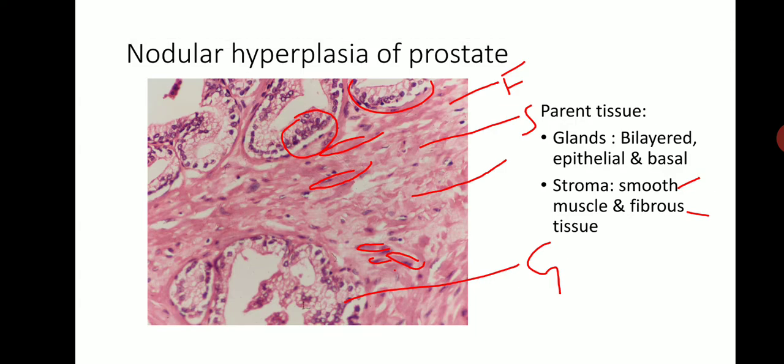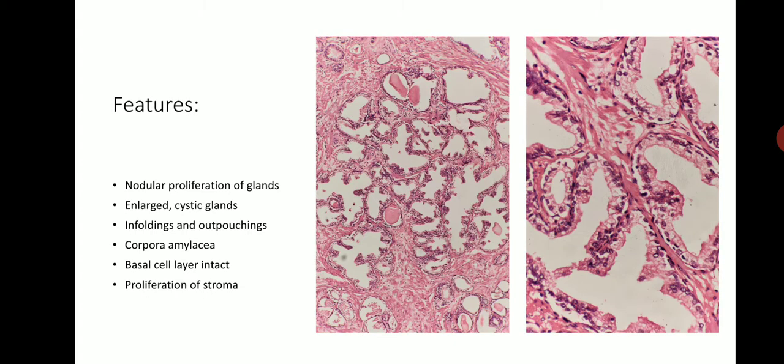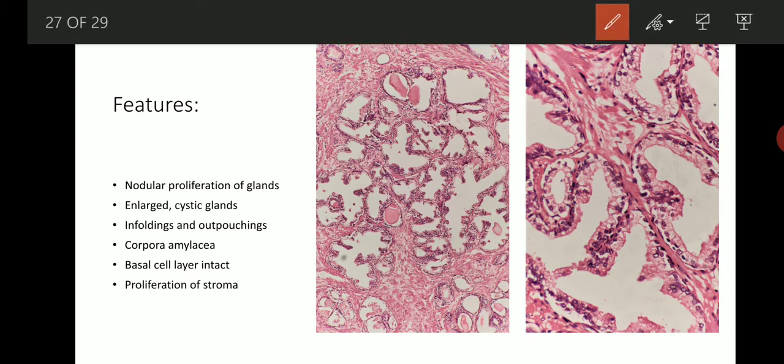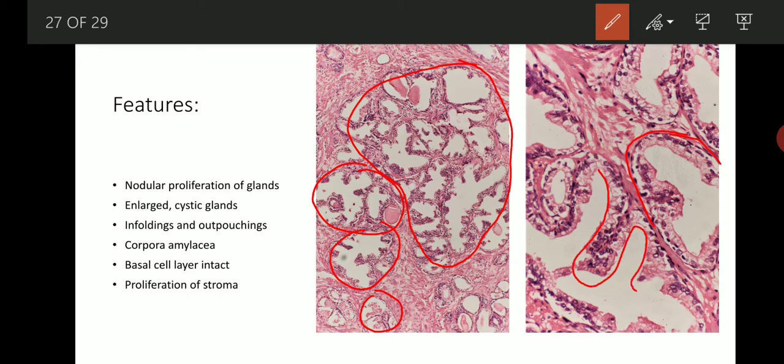So this is the normal histology of a prostate. If you look at the slide of a nodular hyperplasia of prostate, you will find that there is marked proliferation of these glands which are forming nodule-like structures. The nodules are there. At a higher power, you will find that these nodules are due to cystically dilated glands, and these glands, due to excess of cells, are producing papillary infoldings and outpouchings.